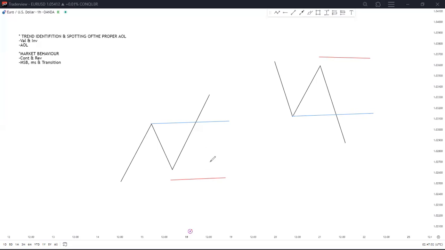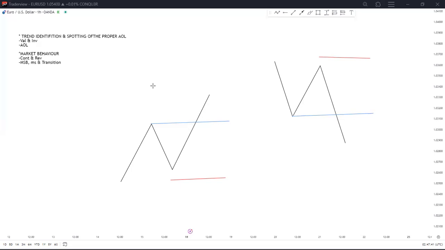The bullish type area of liquidity, we expect to obtain from the uptrend, which here is our uptrend, and the bearish type we expect to obtain from the downtrend, which here is our downtrend. By the simple definition, the area of liquidity is the area between the validation point and the invalidation point.